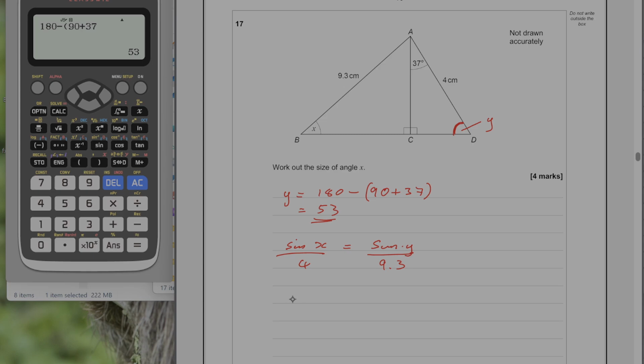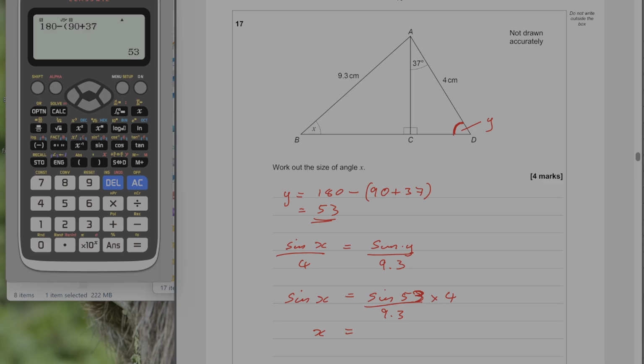So sine x would be equal to sine of 53 divided by 9.3 times by 4. So I'm going to go straight to x then, which is going to be sine to the minus 1 of that.